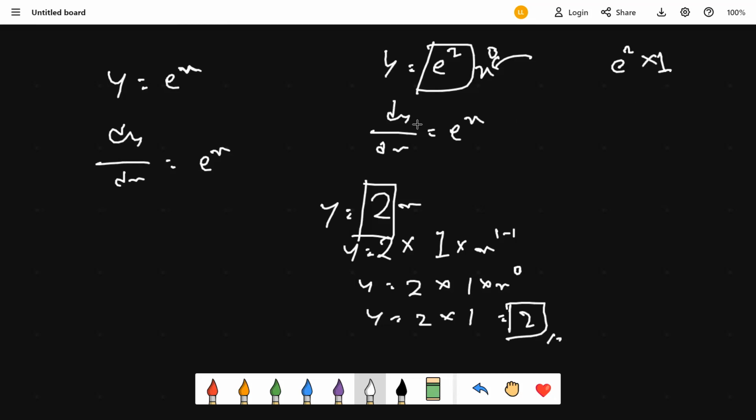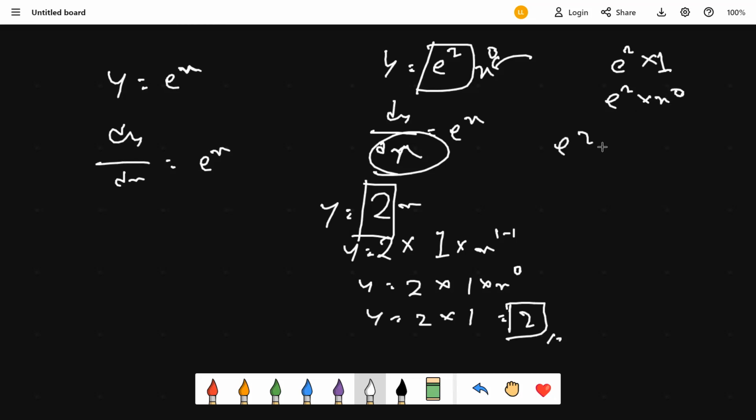In order to calculate the rate of change of y over the rate of change of x, we need an x. We know 1 is equivalent to x to the power 0, since anything to the power 0 is equal to 1. So we can also write it as e squared times x to the power 0.